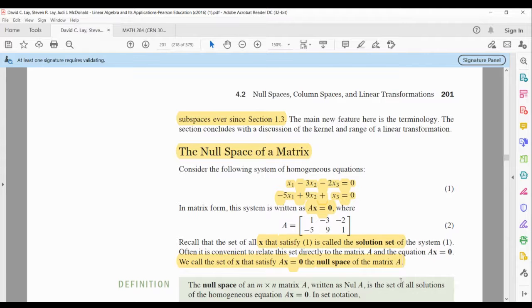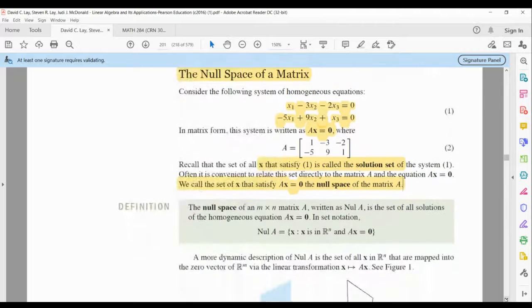So the set of vectors that satisfy the matrix equation AX equals the zero vector, which corresponds to the solution set of a homogeneous system of equations, that set of solutions is the null space of the matrix. And actually they have the definition right below here. This is really what I just said.